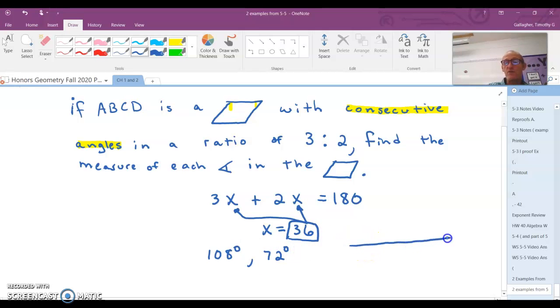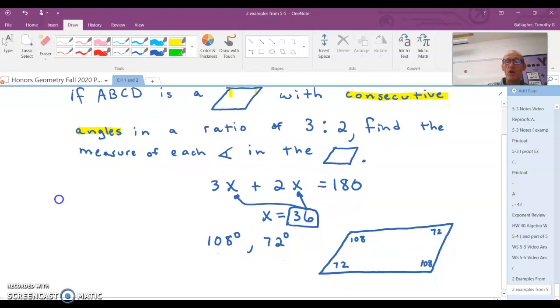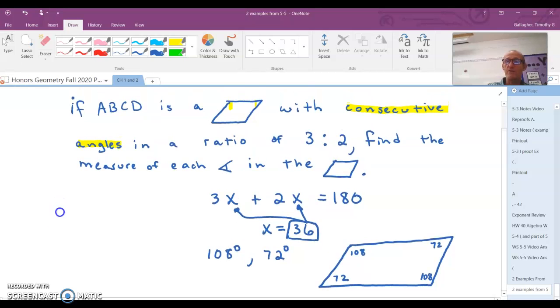So what that means is that each angle in this parallelogram is 108, 72, 108, and 72. So that's how you find the angles if the consecutive angles in a parallelogram are in a ratio of 3:2.